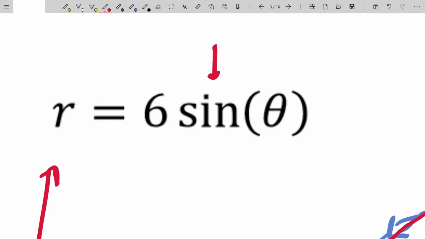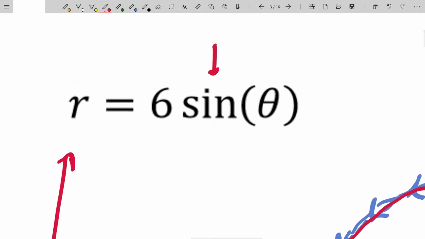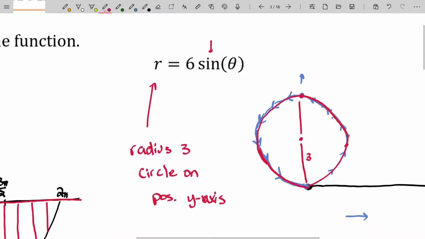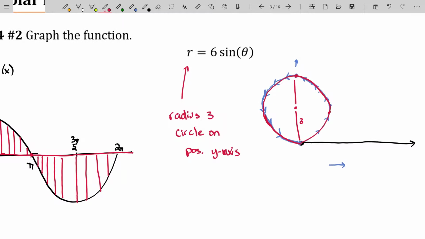I shouldn't say always. Those types of definite statements often get broken. So y is often associated with the sine. And notice this curve is lying on the positive y-axis. So that's the circle on the positive y-axis of radius 3 or diameter 6.